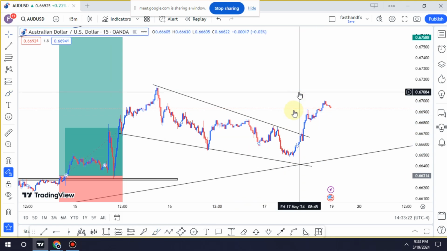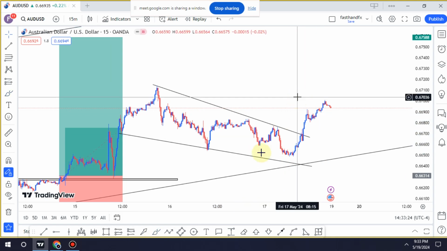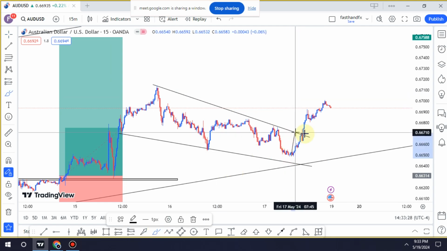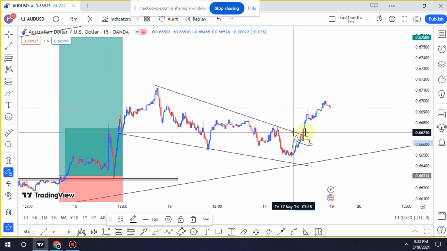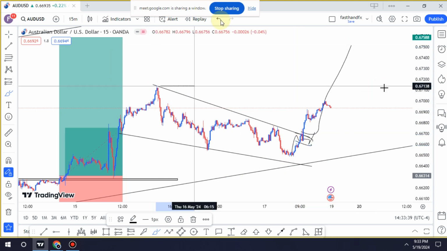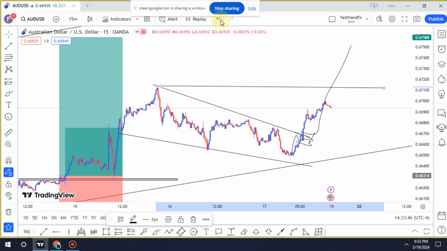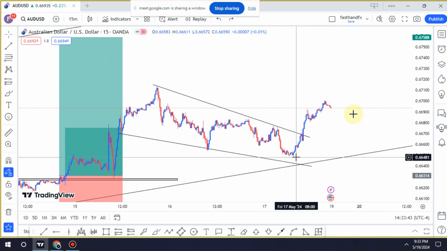So we never had any correction. Now if price did this, if it went and then started giving us a rejection, something like this, then broke, we could have taken a buy entry immediately. Then of course, first TP should be this level. But since that never happened, we just saw an impulse.